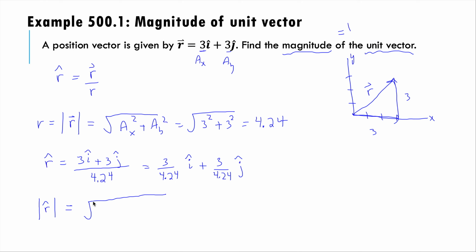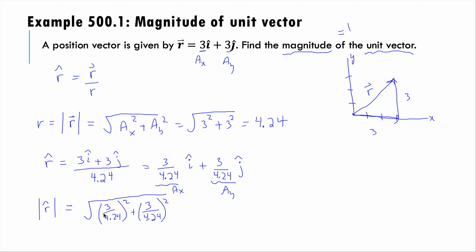So to find the magnitude of the unit vector, we're going to do ax squared. This is ax, right? Whatever is in front of i is always ax. Whatever is in front of j is always ay. So we're going to do 3 over 4.24 squared plus the same thing for the y component squared, 3 over 4.24 squared.